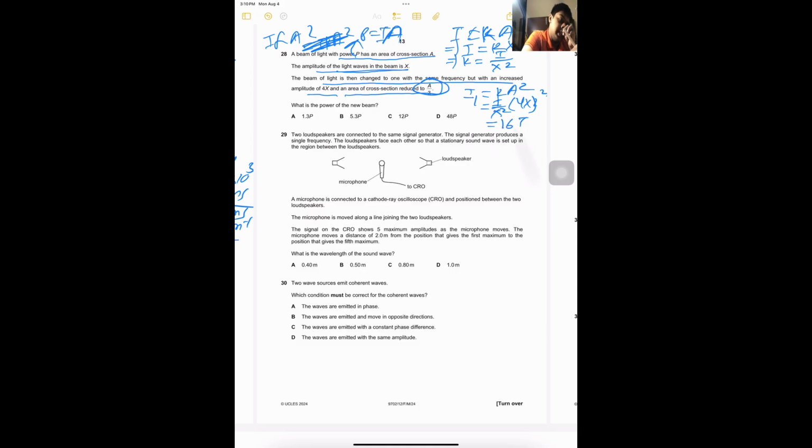So I1 equals 16I, since 4 squared is 16. Now we move on to power equals intensity times area, let's say this is P1. So the intensity is 16 and the area is 1 by 3. This is IA, which gives you 5.3, so it is 5.3 times the initial P. Answer is hence B. You can also give a star here. This is an interesting question too.